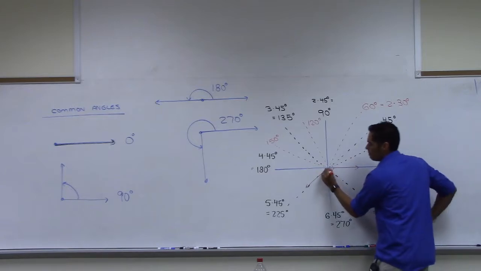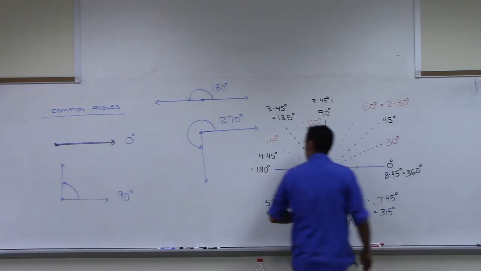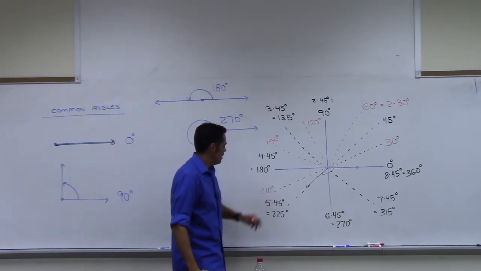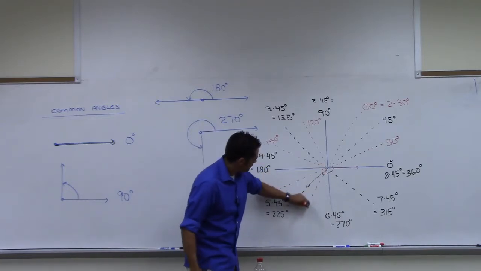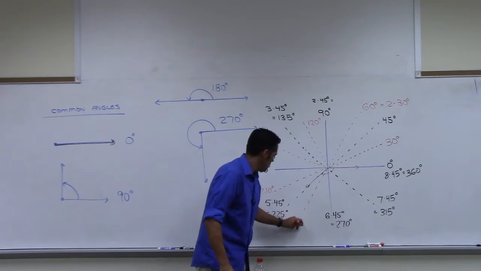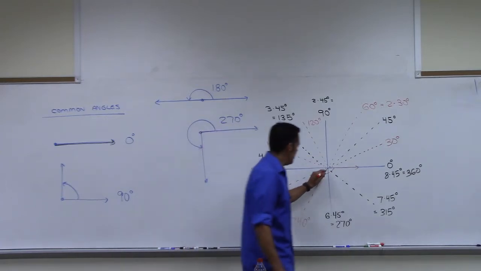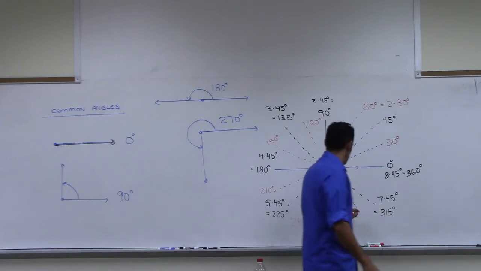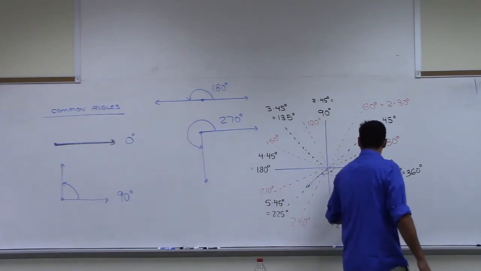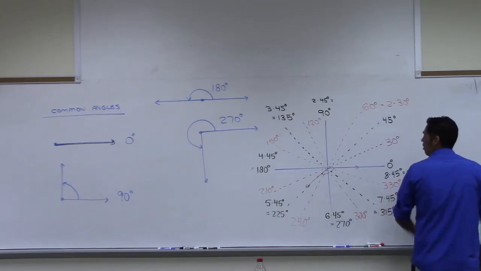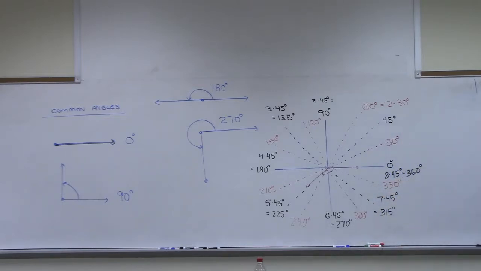And then keep going. What is this? 210. The next one's here, 240. The next one, 270. And then 300. And 330. Okay. I know this is starting to look like a big jumbled mess.